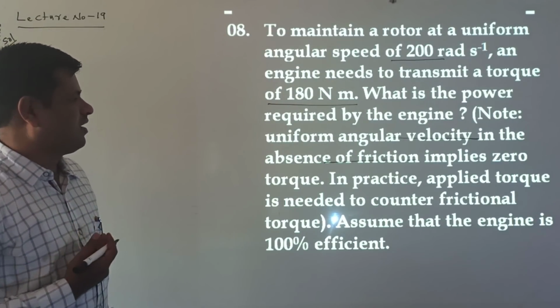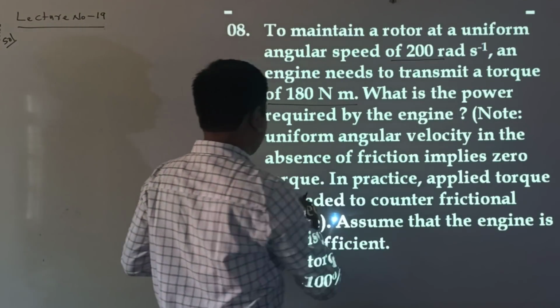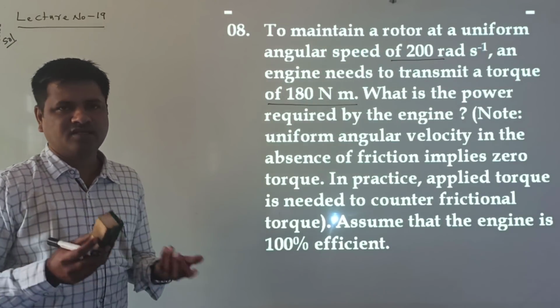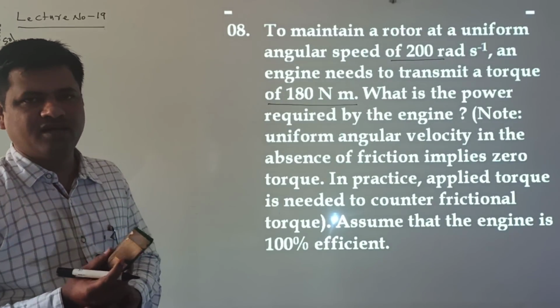What is the note given here? Uniform angular velocity in the absence of friction implies zero torque.